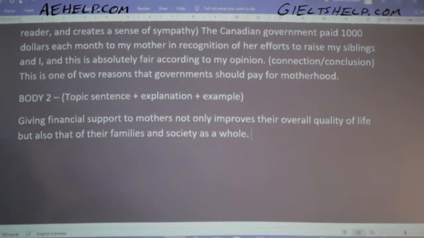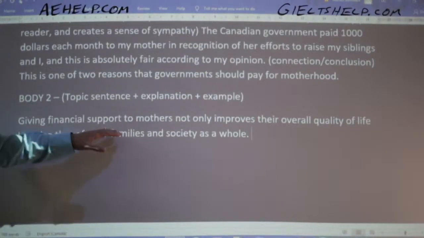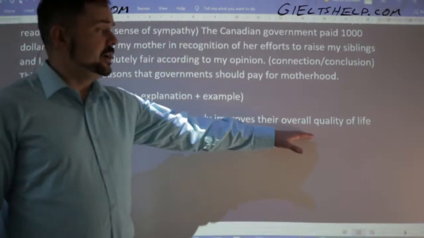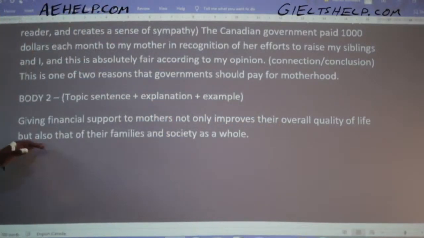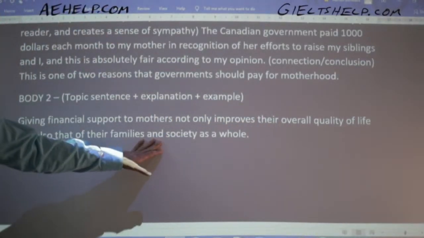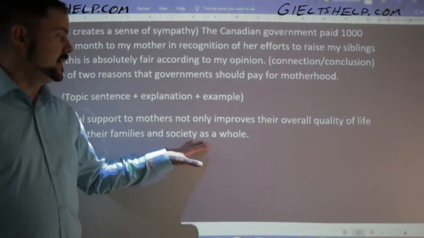Okay, sure. So I would open with a sentence like this. Giving financial support to mothers not only improves their overall quality of life, but also that of their families and society as a whole.